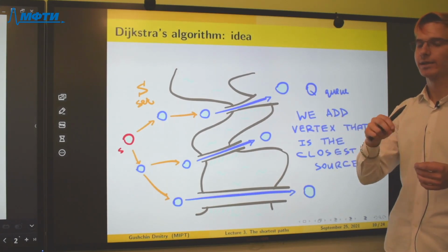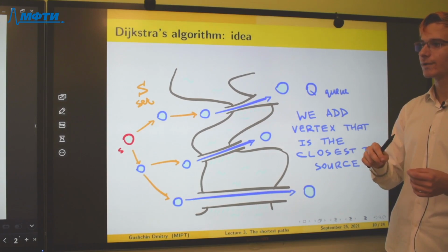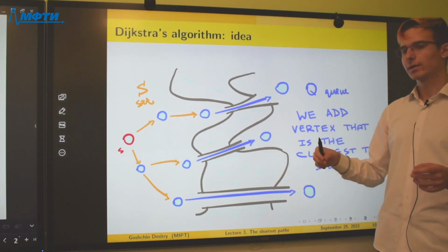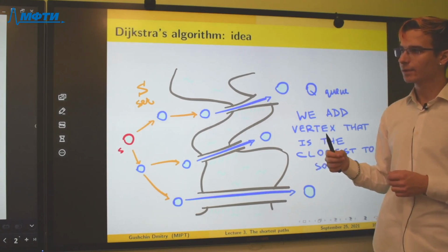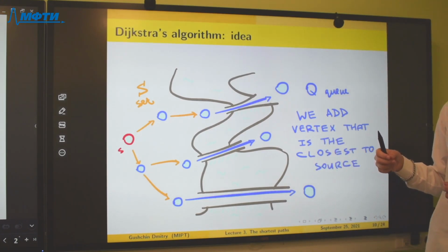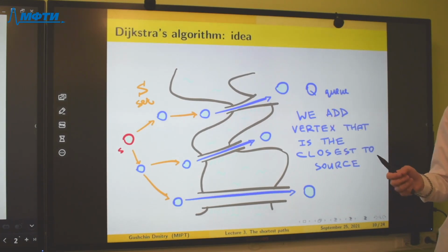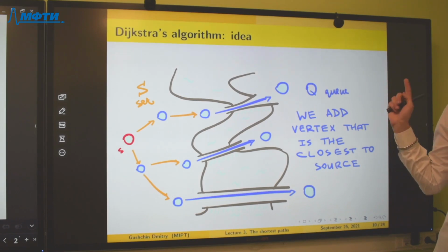And if we relax all the edges a lot of times, we can get the true distances between vertices and the source for all vertices. And we talk about it after Dijkstra's algorithm.